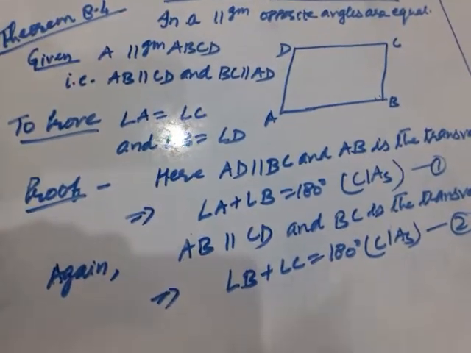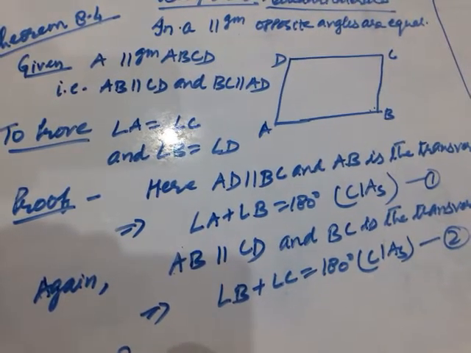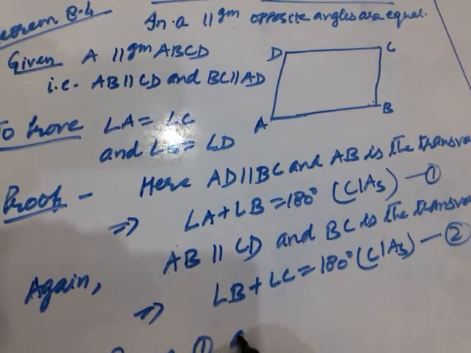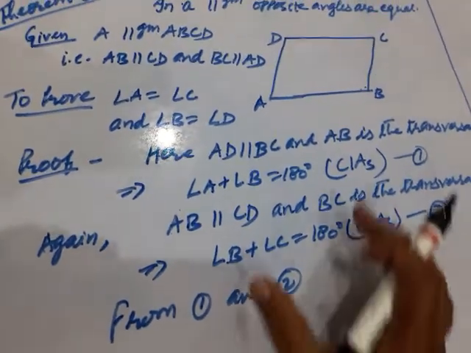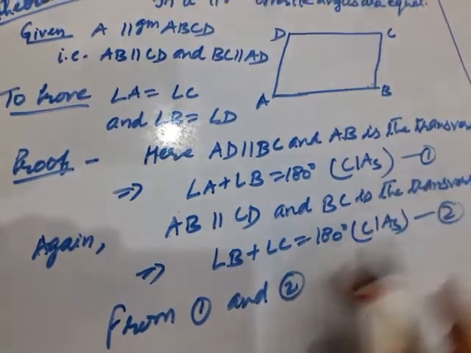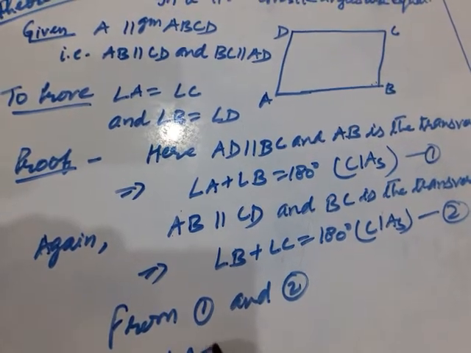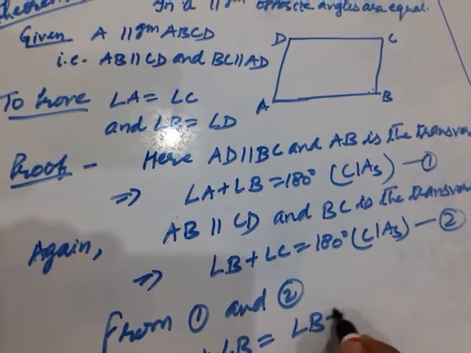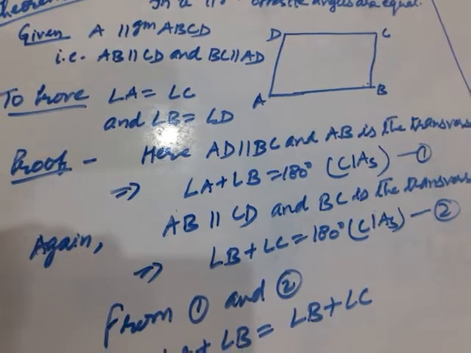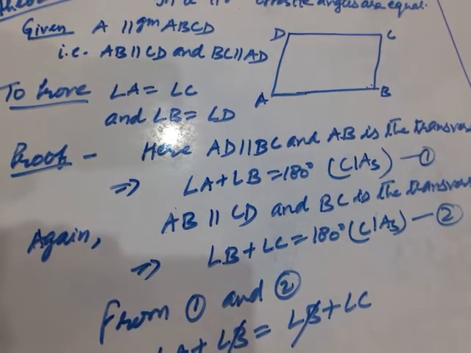Okay, children, and now from equation number 1 and 2, what do we get? Here see, both the right hand sides are equal. This implies that their left hand sides will also be equal, that is angle A plus angle B equal to angle B plus angle C. Now you see that angle B and angle B got cancelled together.